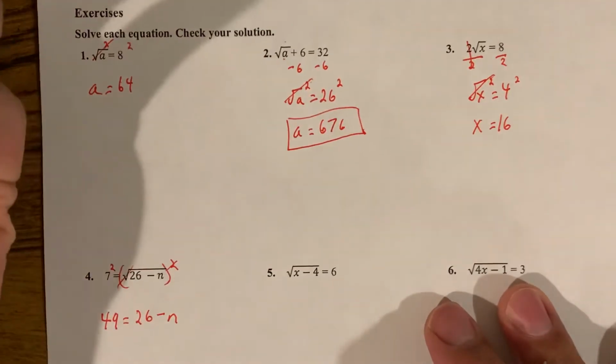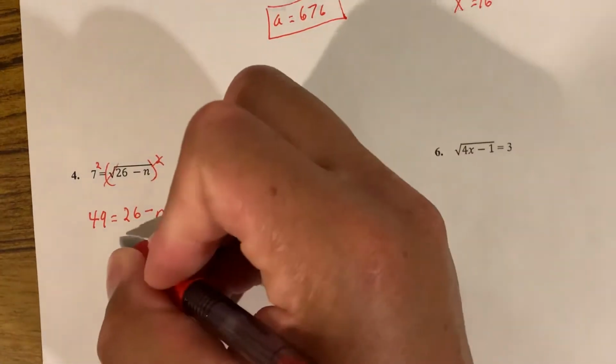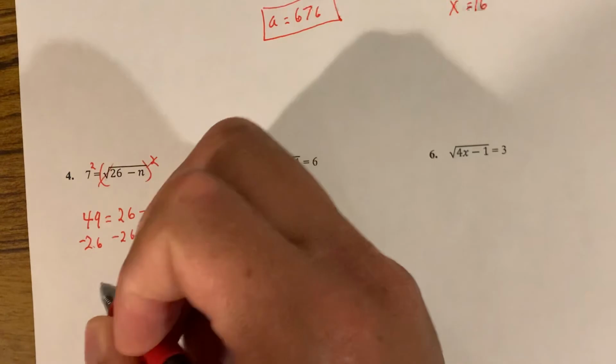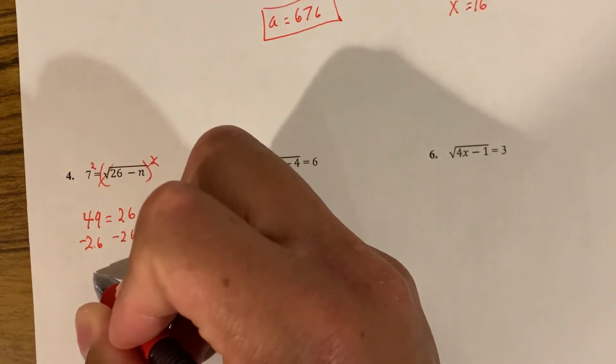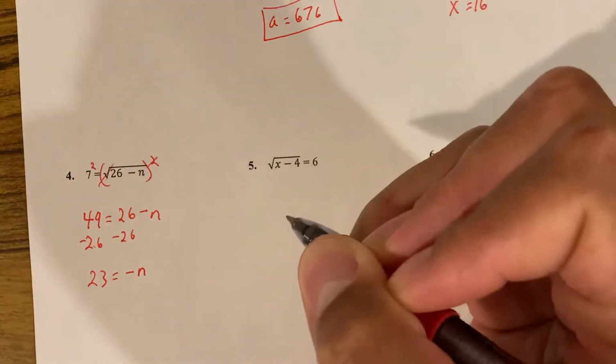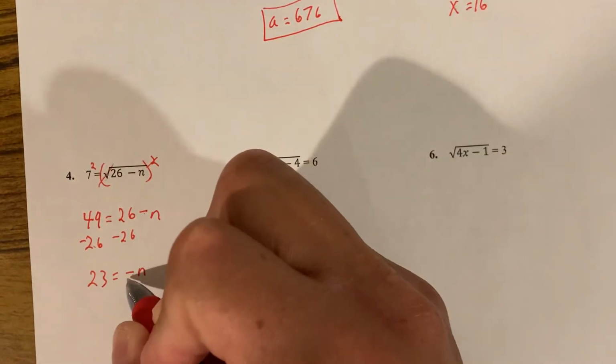From there, subtract 26 from both sides, and we get 23 equals negative n. And don't forget that minus stays.